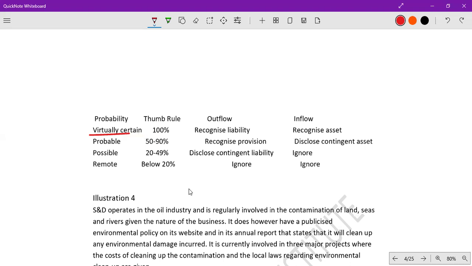If it is an outflow, it is a liability; if it is an inflow, it is an asset. If you are virtually certain that this will happen, you recognize a liability, and in the case of an asset, you recognize the asset. How will you know it is virtually certain? You have an insurance claim for a fire outbreak.